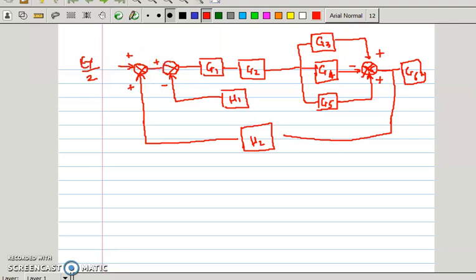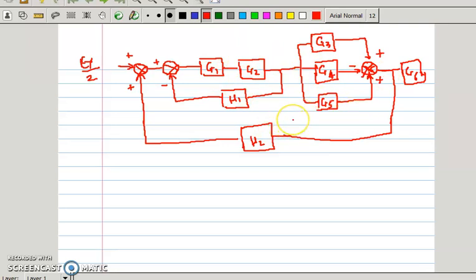This is positive, and this comes from this side. This is the block diagram they are giving in the statement, and they told us to find the transfer function, or the single equivalent block. There are 8 blocks in total.